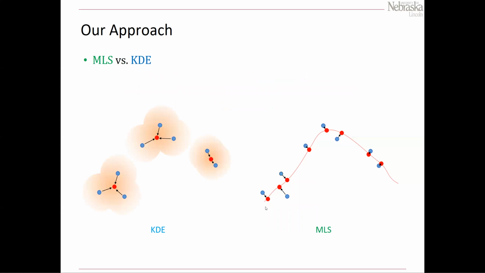So then we can see the difference between the moving least square based method and the kernel density based method. Both methods try to move the local sample points to new positions to represent the centralized bundles.